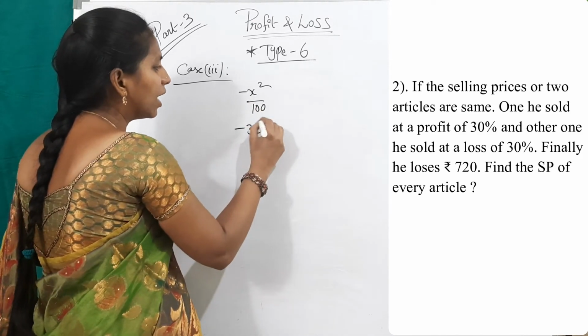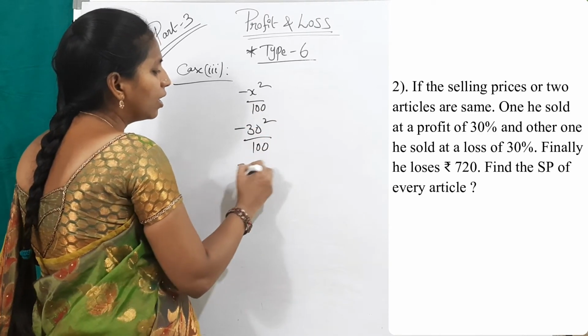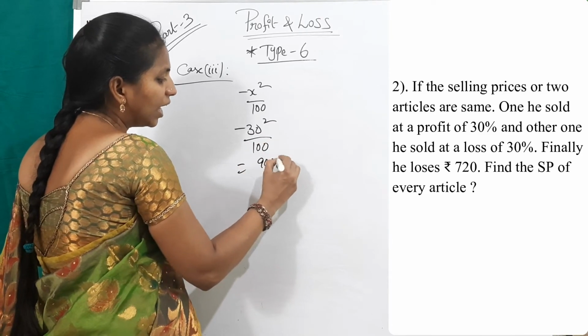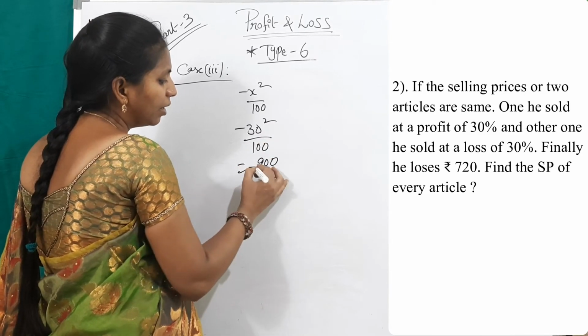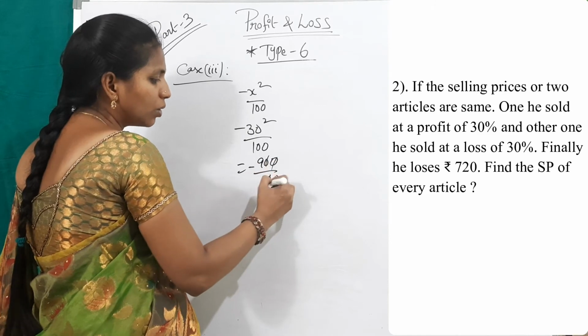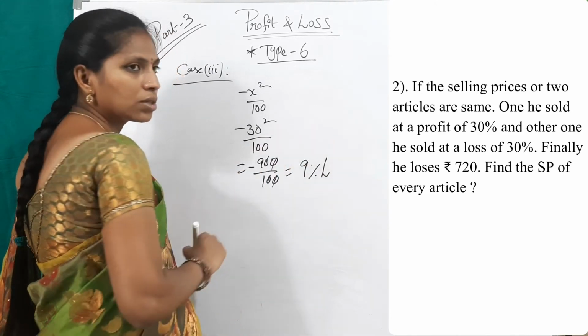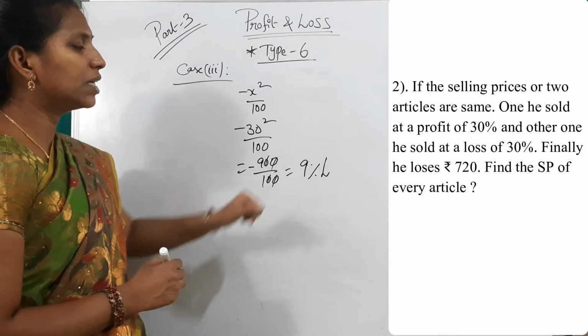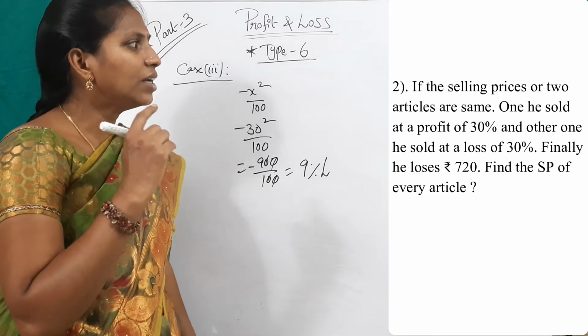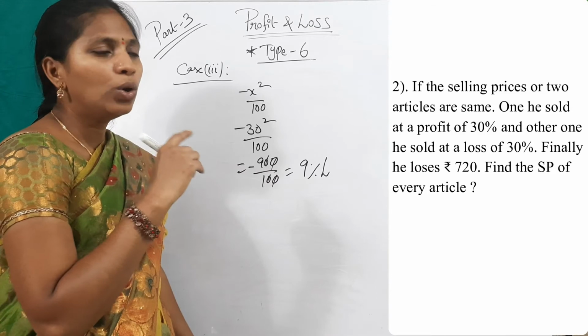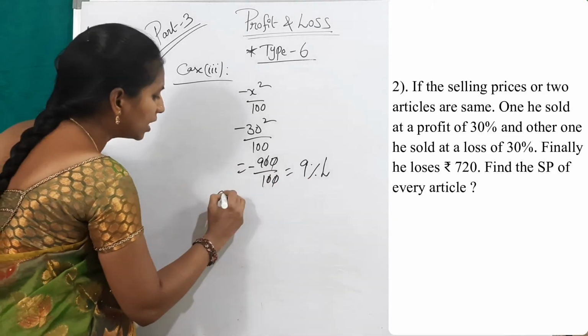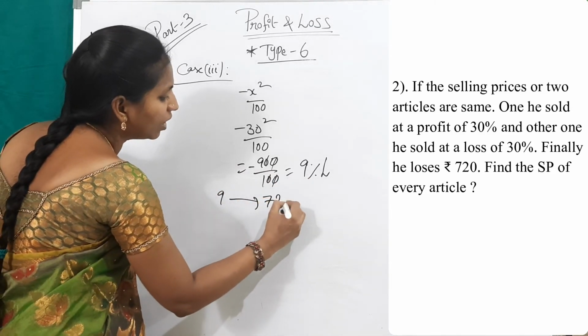So minus 30 square by 100 equals 900 by 100, negative value. So 0 cancels. So 9% loss. Minus means 9% loss. Here 720 rupees loss means 9% is equal to 720.